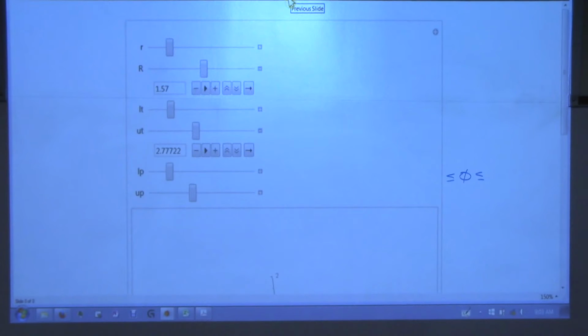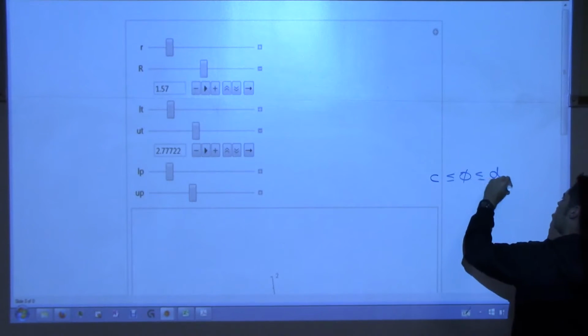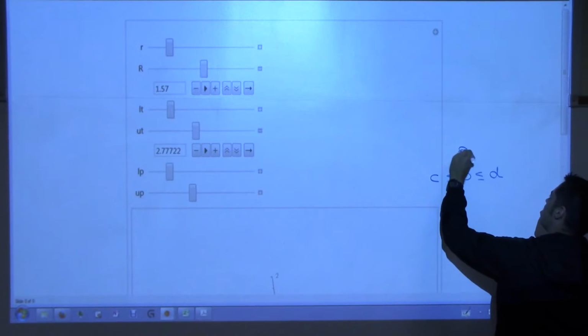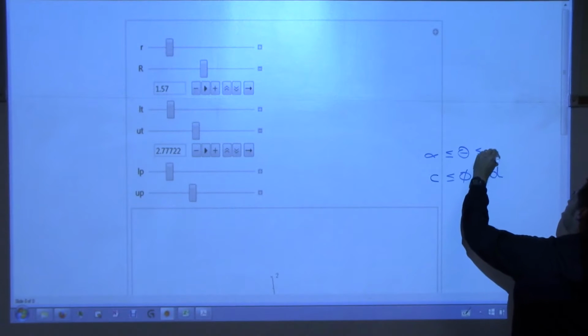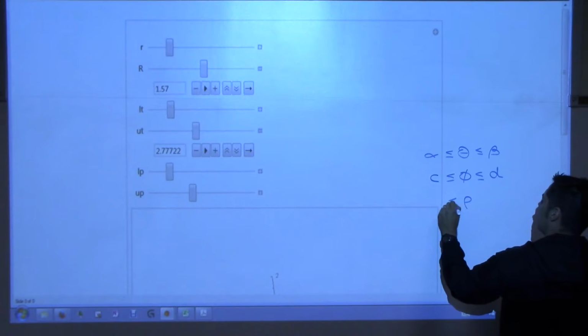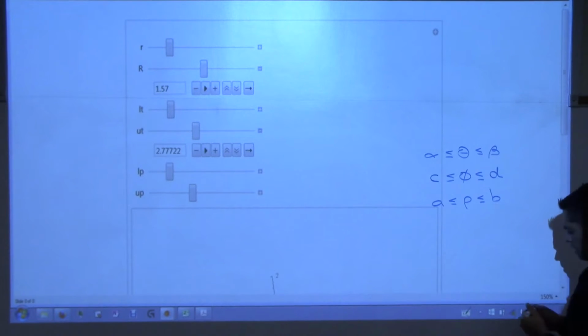Okay. So if I restrict my phi between two constants C and D, my theta between alpha and beta, and my rho between A and B.